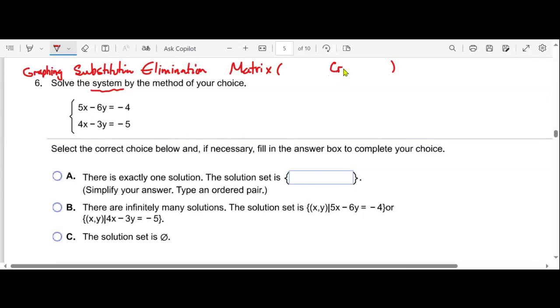Cramer's rule. Remember Cramer's? And we have echelon form. Remember that? And the echelon has two types: the normal echelon and the echelon that is like 1 1, 0 0, like this.